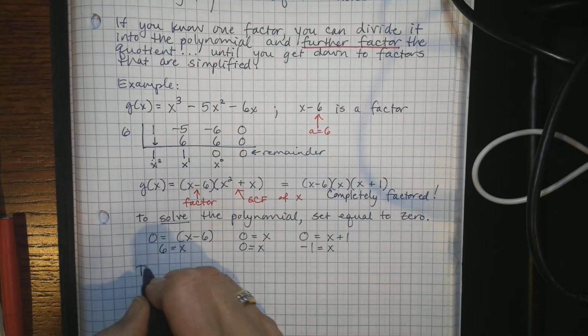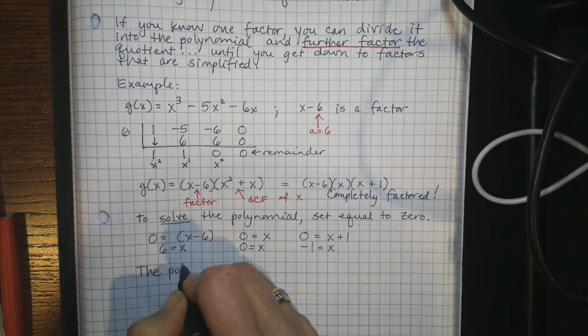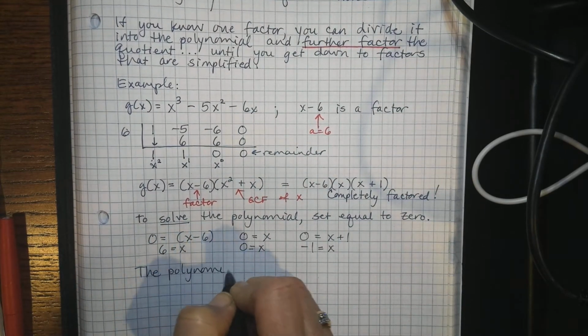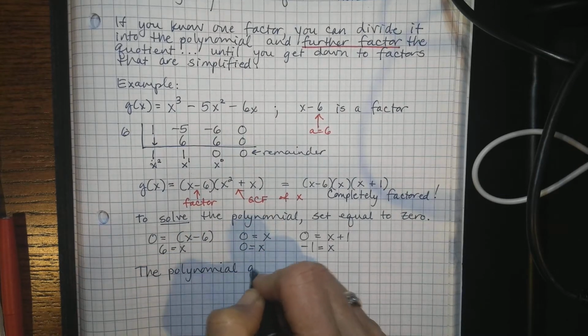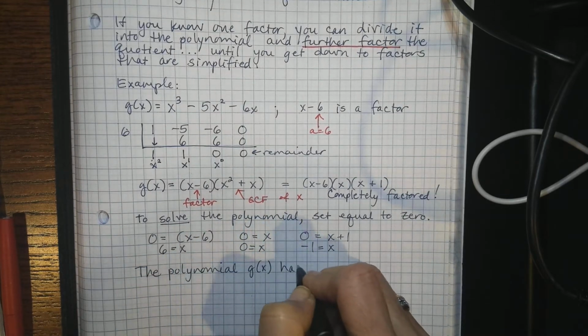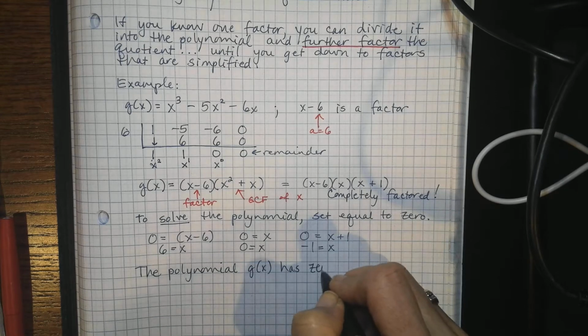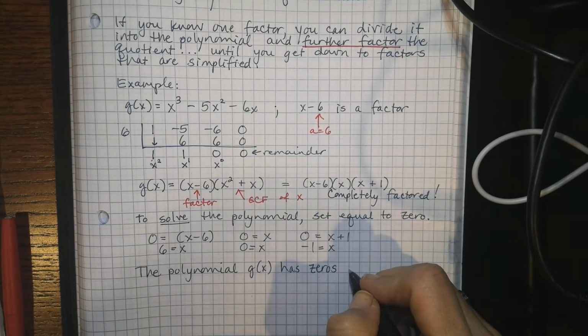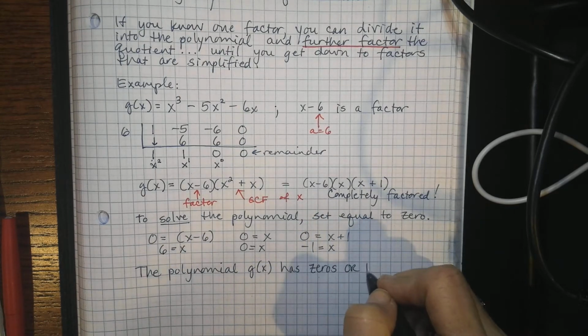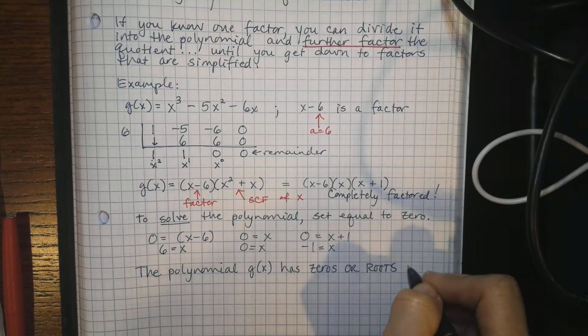So you would write at the end here for our notes, the polynomial g of x has zeros or roots. I'm going to write them all out.